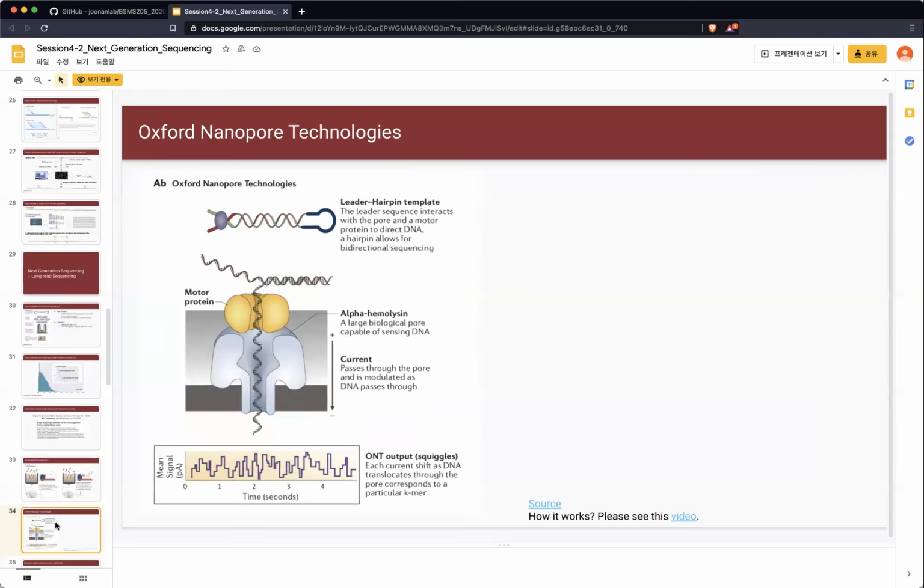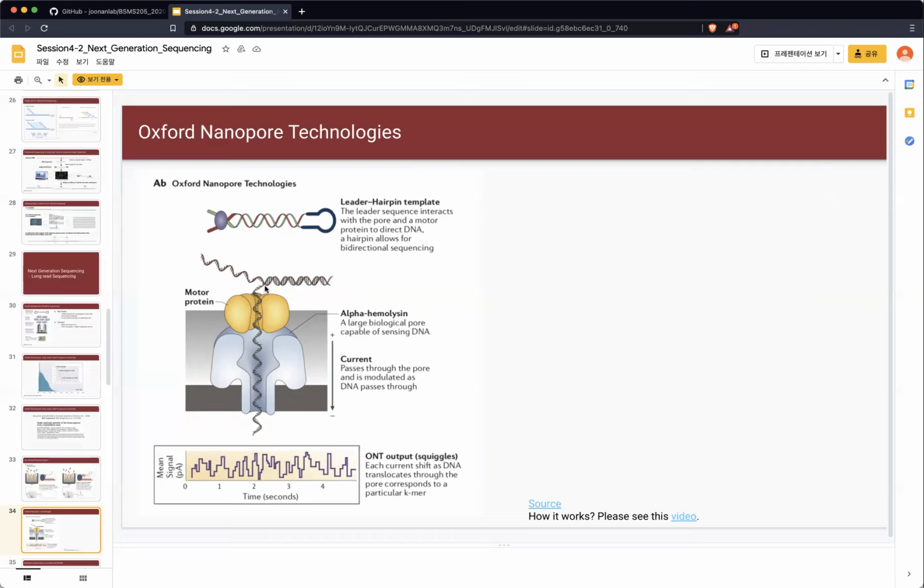Okay, so another long-read sequencing technology is the Oxford Nanopore technology, and this also uses hairpin templates, which makes for much more stable information. During the sequencing, it unwinds the hairpin structure and puts it into the pore structure of the sequencing process.